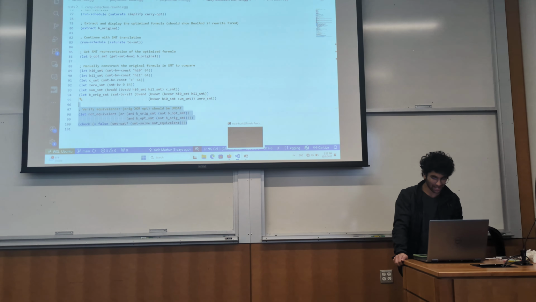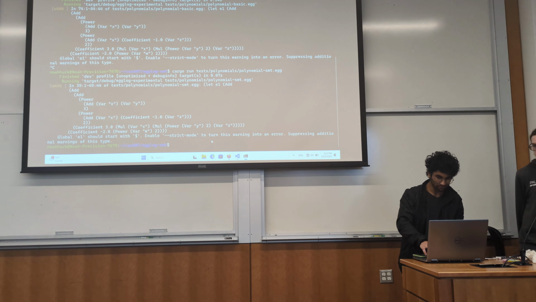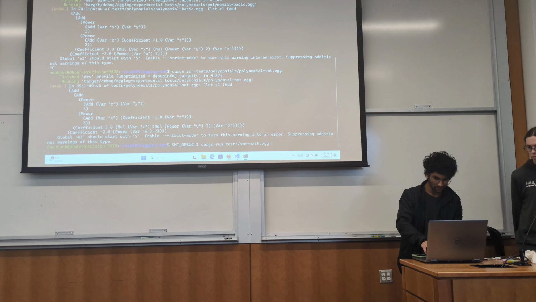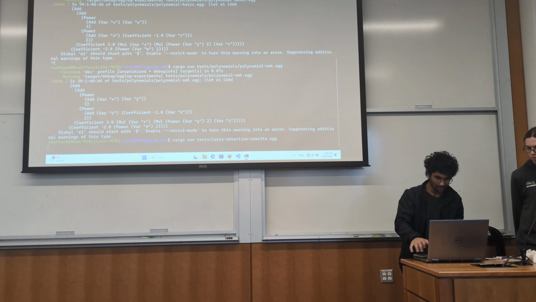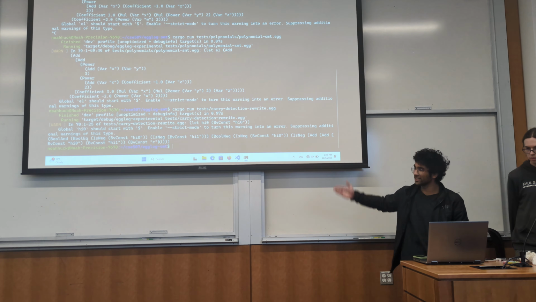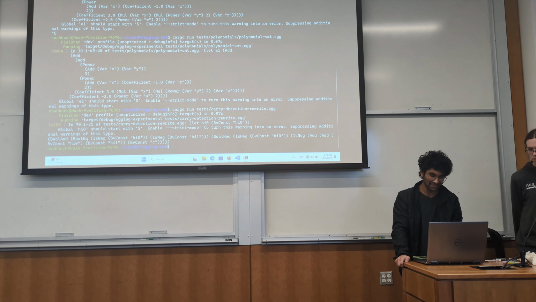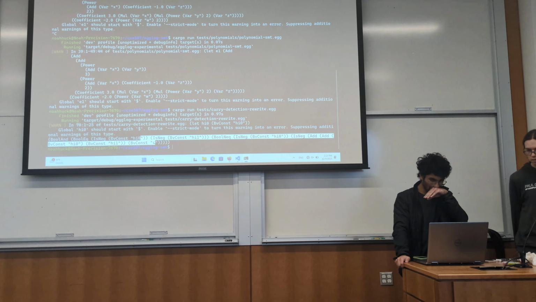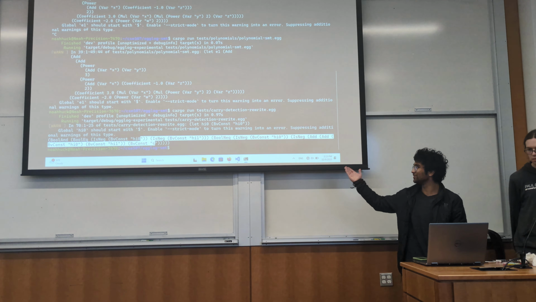And we have our example here. Over here, we can see the model of what the expected rewrite was. This is the expected result. And we can see that there's no failed check, which means the two expressions were equivalent.